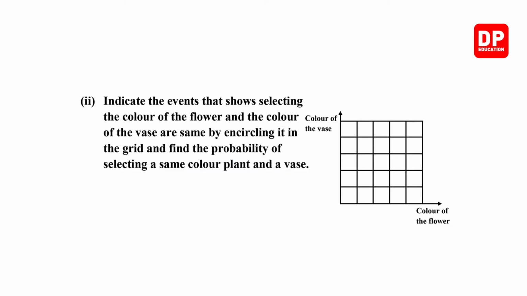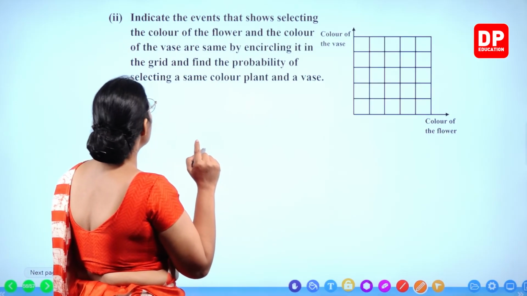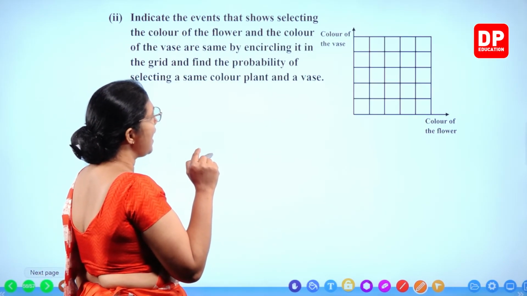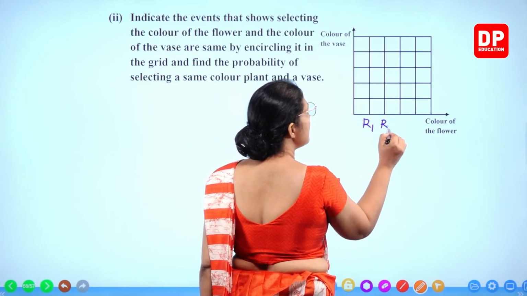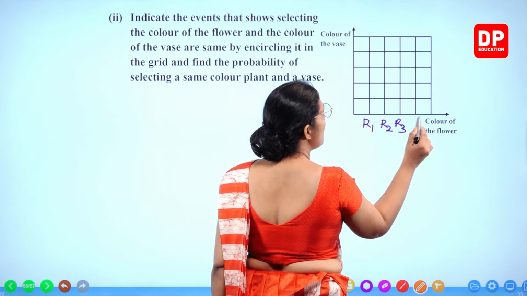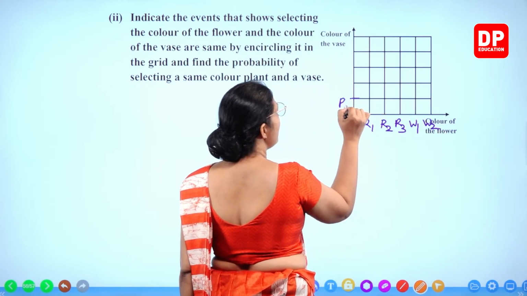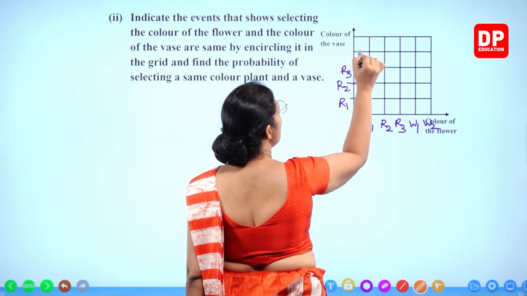Indicate the event that shows selecting the color of the flower and the color of the vase are same by encircling it in the grid and find the probability of selecting a same color plant and a vase. So we'll fill it again. 3 red ones and white ones. Here 3 red ones and 2 black ones.